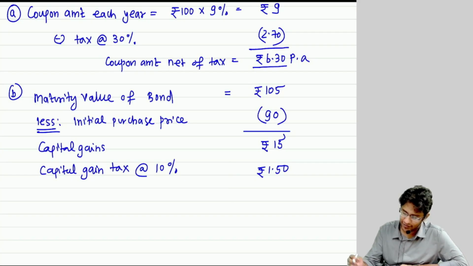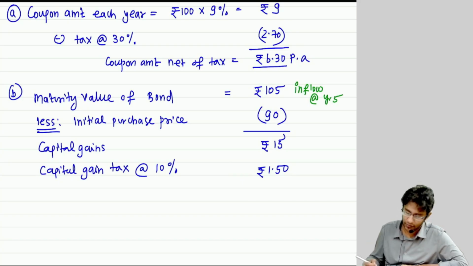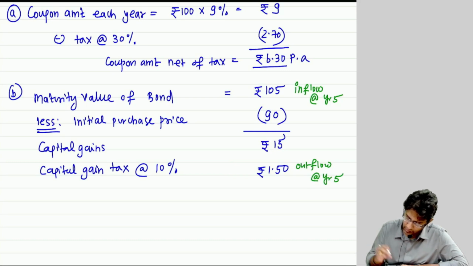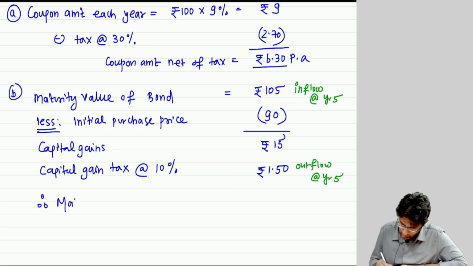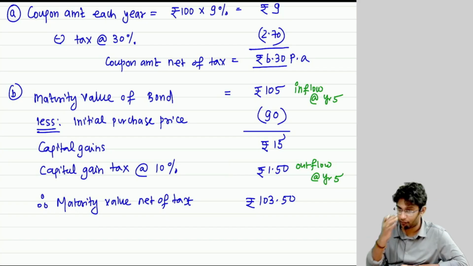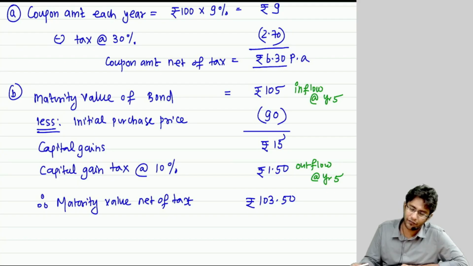Look at this. If 105 rupees is the inflow at year 5, and 1.5 is the tax payment, an outflow at year 5, therefore the maturity value net of tax is 103.5. Seeing 15 minus 1.5, all of us get tempted, but that is wrong.